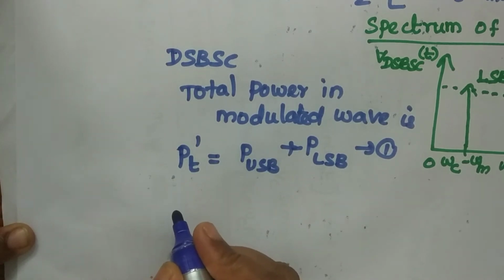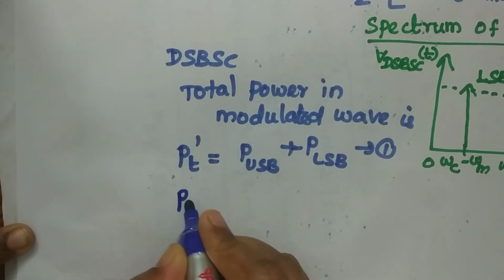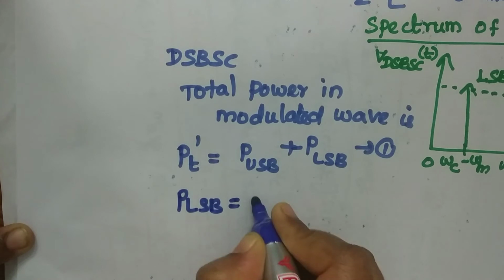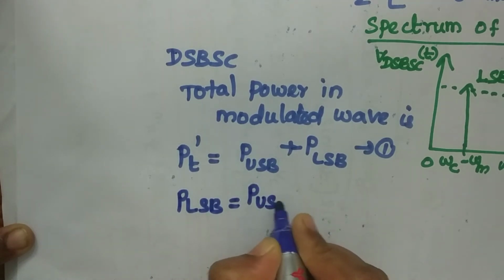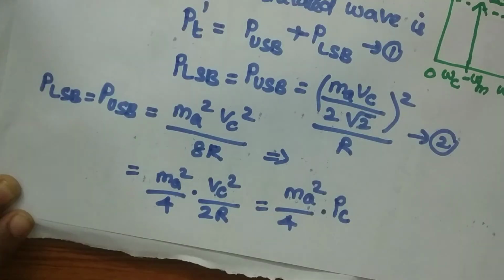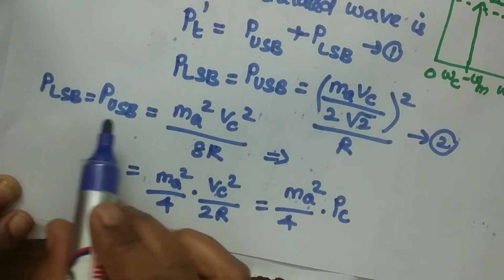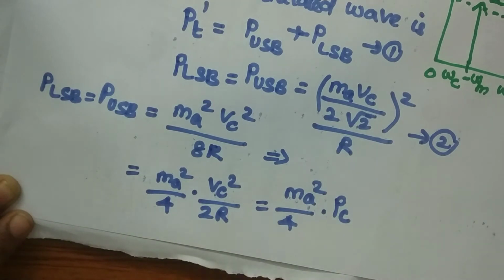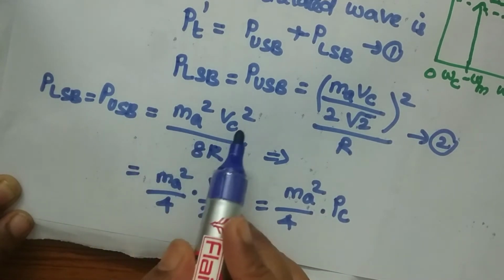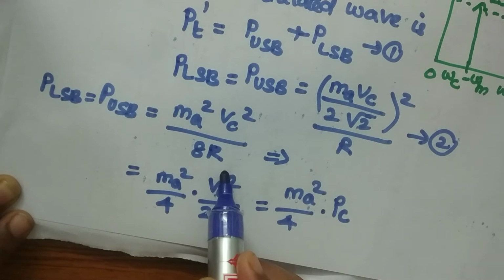So power is equally distributed in LSB and USB. We know that, isn't it? So lower sideband power is equal to upper sideband power, which is MA squared VC squared by 8R.